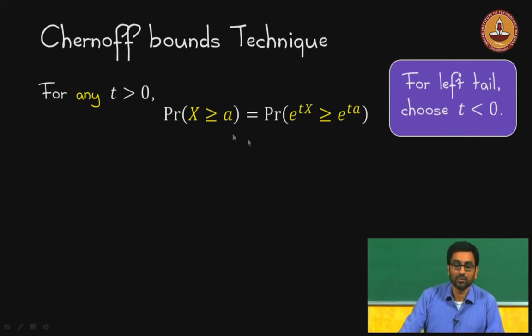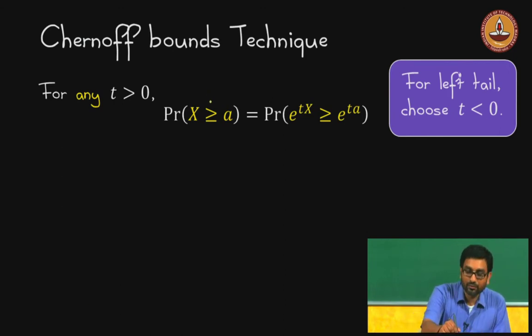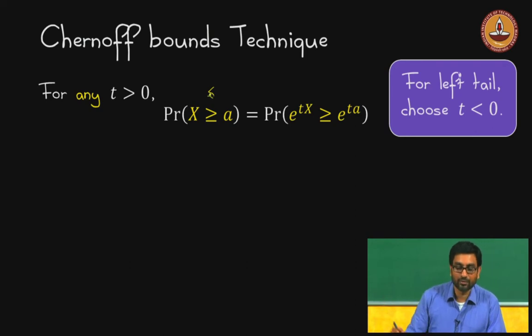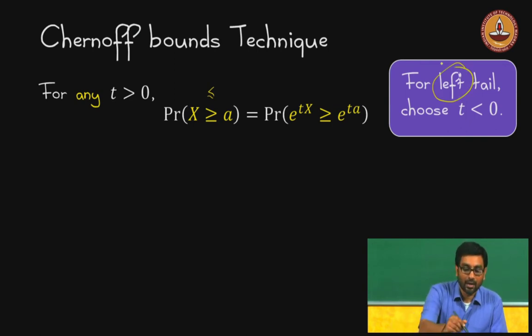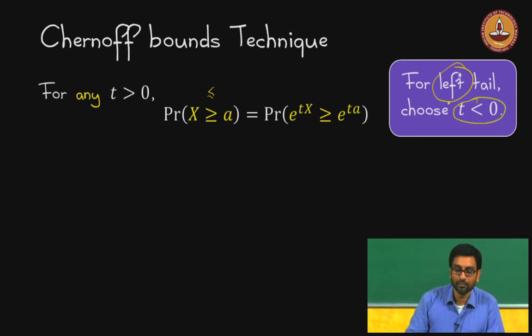Then you ask what is the probability of x less than or equal to a. So, that will be the left tail. And for that, remember your t is going to be less than 0.